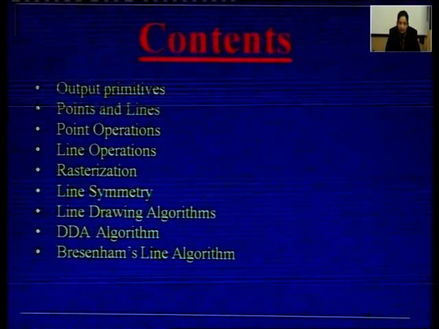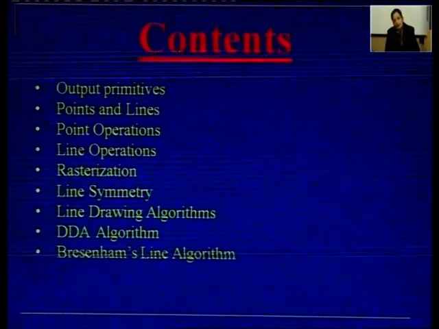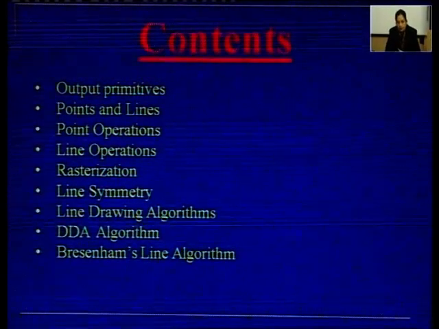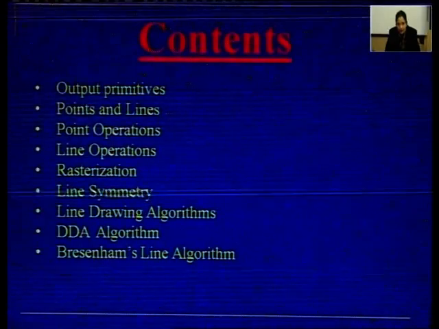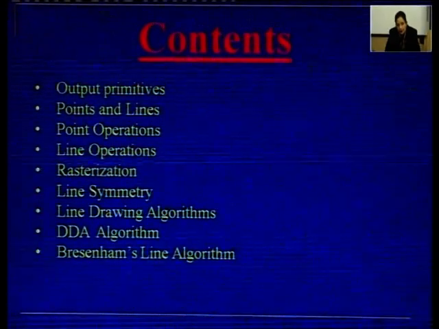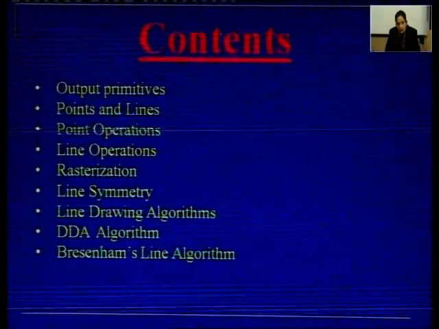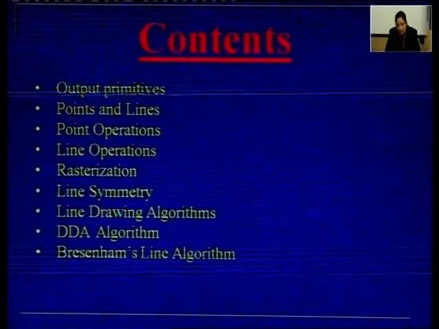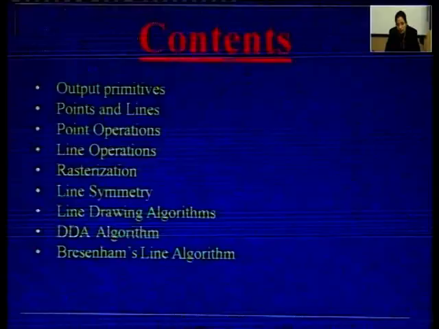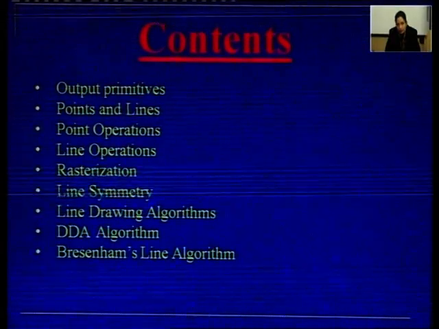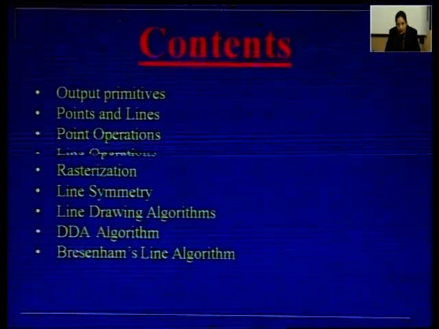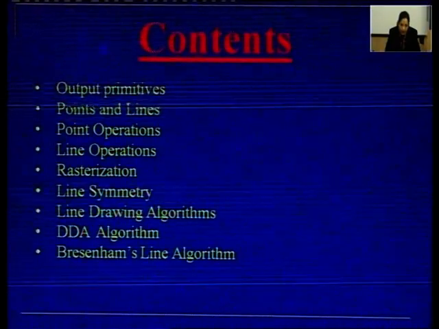This is called rasterization. Then line symmetry can be used: if we have drawn a line for all the positive slope area, then for the negative slope area we can use the line symmetry. We need not calculate all the other points if we have drawn the positive slope line. How it will be used I will tell you.